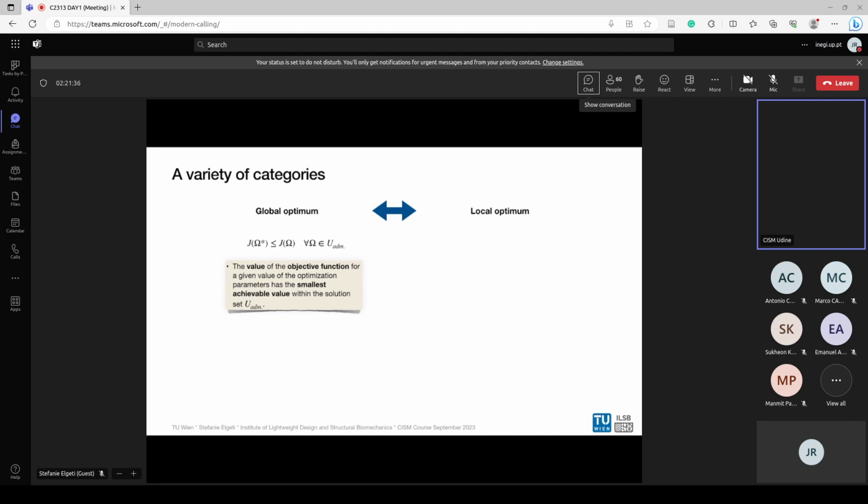So the definition is that the value at this global optimum is less than or equal to all other values within the admissible set. Instead, for a local optimum, the value of the objective function for a given value of the optimization parameters is smaller than in the immediate environment.